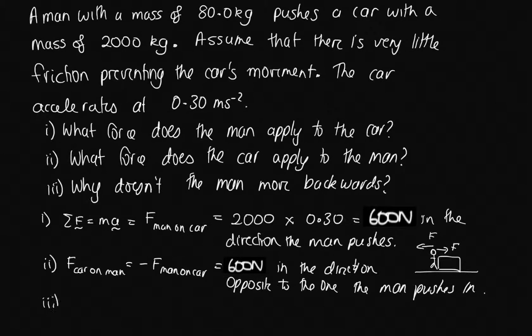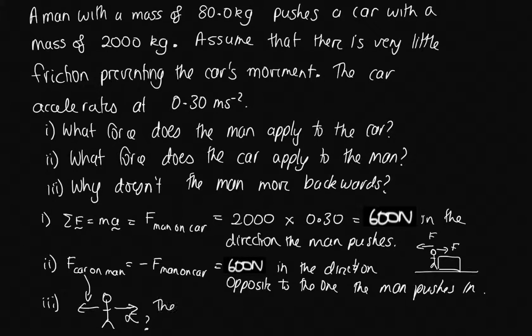So part 3 then asks us, well, why doesn't the man move? Okay, so if the man's not moving, here's the man, and we know that we've got this F of car on man here. So this tells us that there must be a force to balance this force. So there must be a force pushing the man in this direction. So what force could that be? Well, that must be the frictional force.